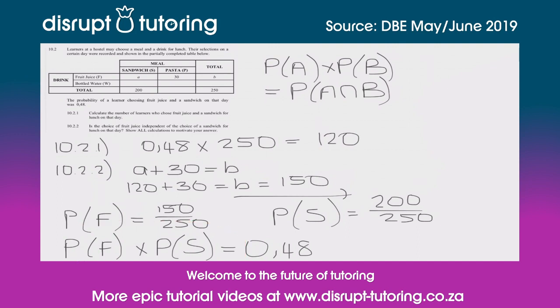Well, that was already given to us. Remember, they said to us the probability of a learner choosing a fruit juice and a sandwich on the same day is equal to 0.48. So therefore, because the two are equal to each other, we can conclude that the two events are independent.